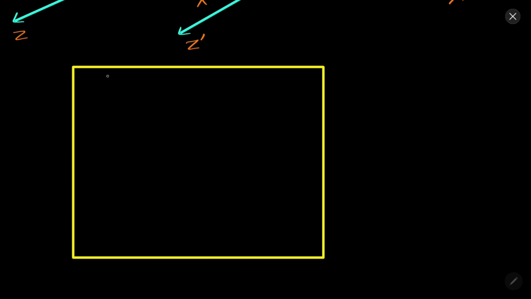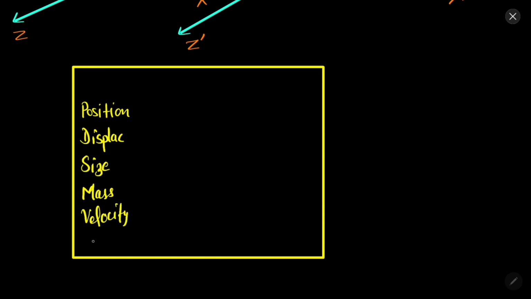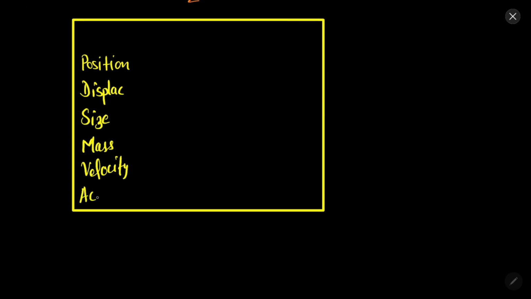Let's say the parameters are position of the car, displacement of the car, size of the car, mass of the car, velocity of the car, then acceleration.